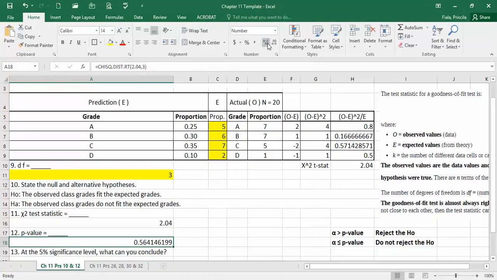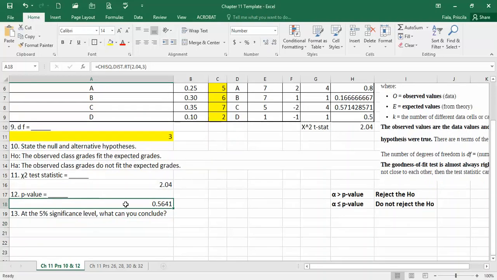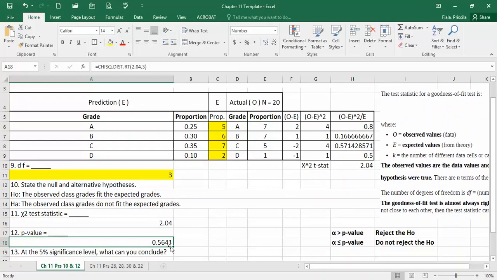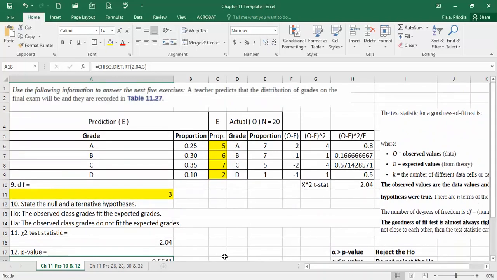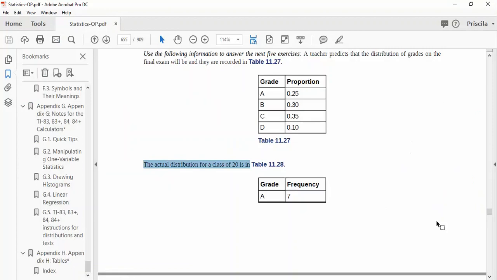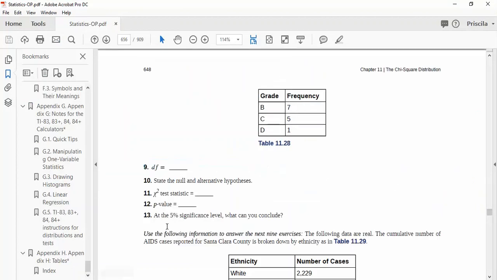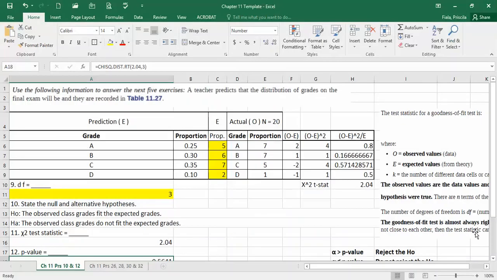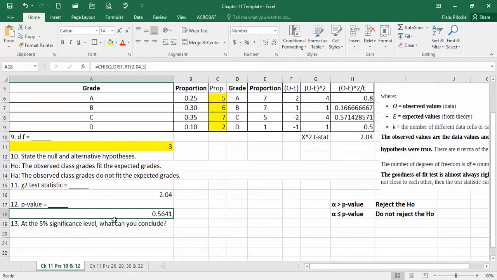So your p-value is 0.5641, excuse me, so actually 56 percent, right? So on the problem, if you go back to your book, it's going to ask you, which is the last one. I put it in here, you don't need to answer.